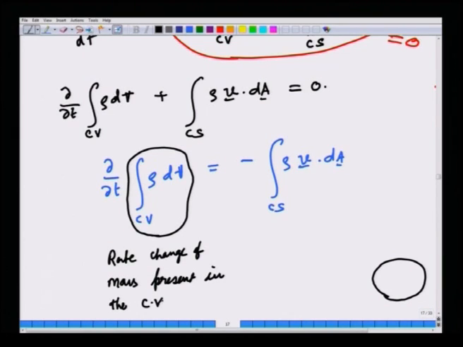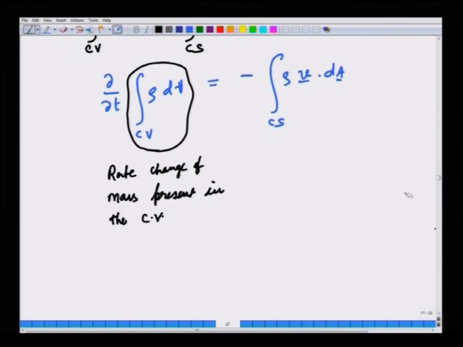Now, why should the mass change in the control volume? Well, in a real application, a real CV could be something like a tank in which there are inflows and outflows. There could be multiple inlets and outlets.